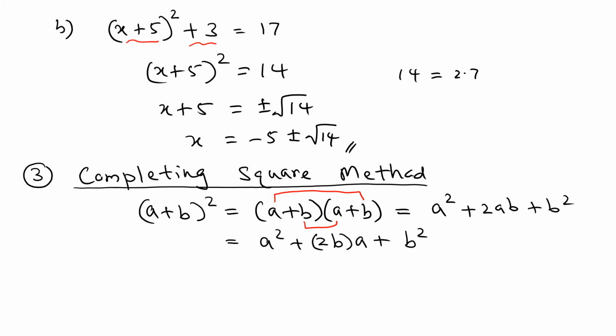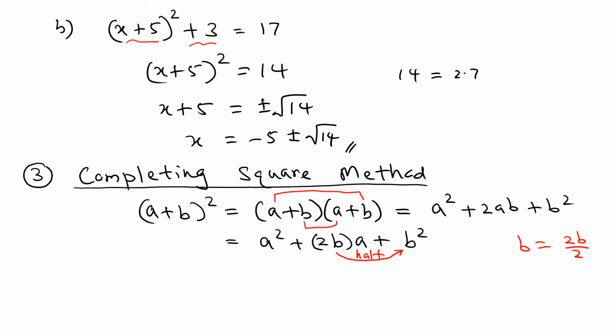Because you can see a pattern here: this b is simply half of the coefficient of a. It doesn't matter what b is, it's always half of 2b. If you divide 2b in half, you get b.